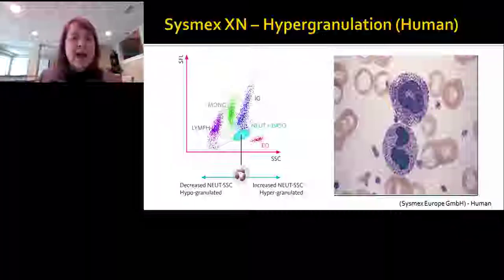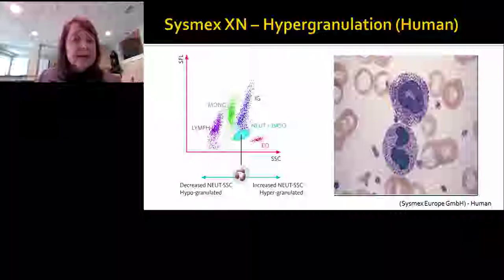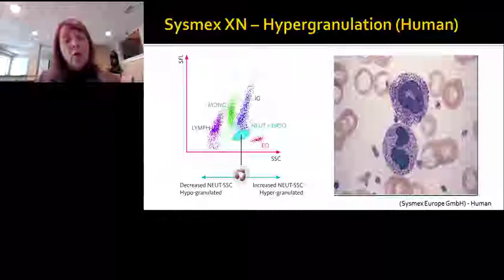But beyond that, with new flagging, we find that the XN is actually going to tell us where on this x-axis the midpoint of this position really resides. And this gives us an estimation of whether these neutrophils could be hypogranulated if they're shifted to the left, or hypergranulated if they're shifted to the right.